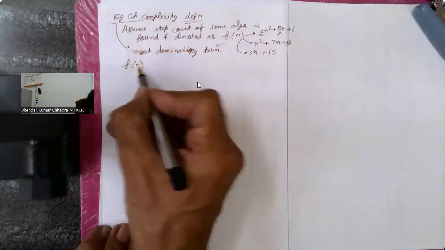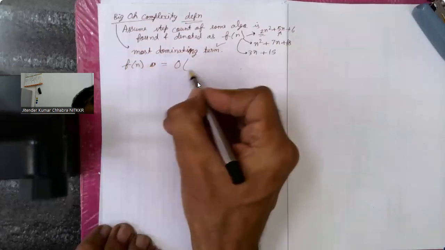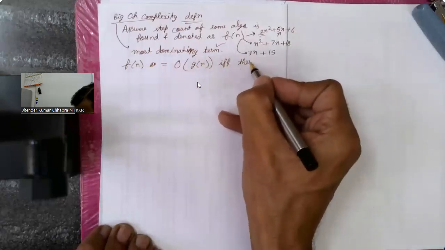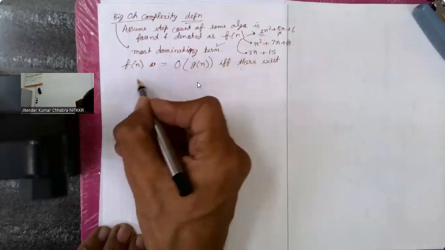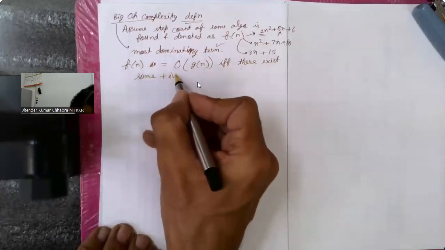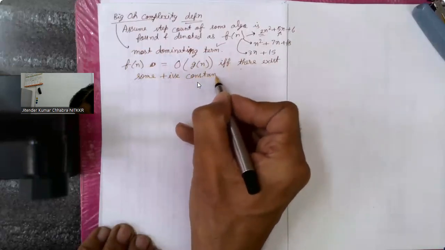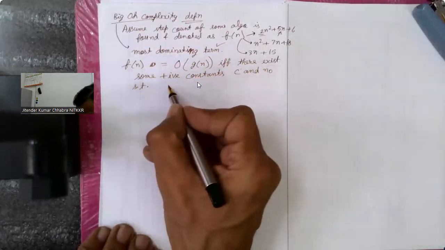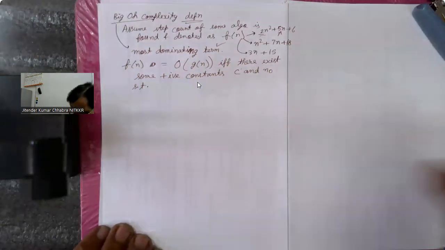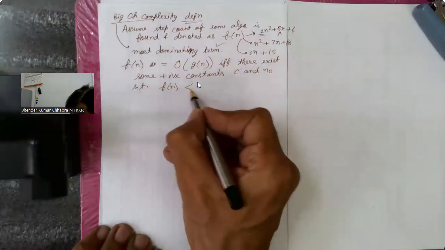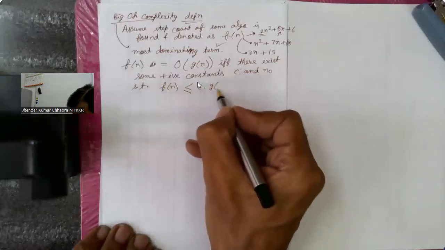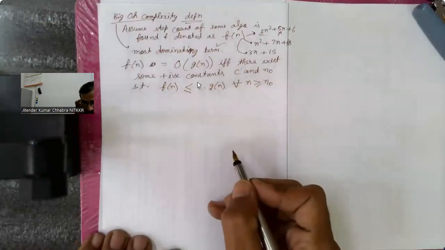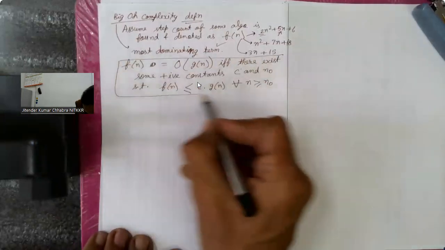I say f(n) is said to have a big O complexity of some notation g(n) if and only if there exist two positive constants, C and n naught, such that f(n) is always less than or equal to C times g(n) for all n greater than or equal to n naught. So this is my mathematical definition for big O notation.